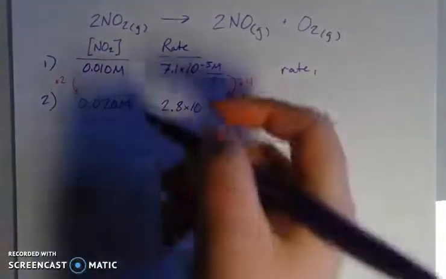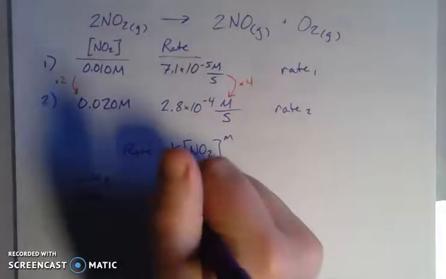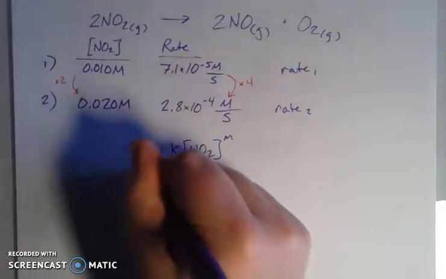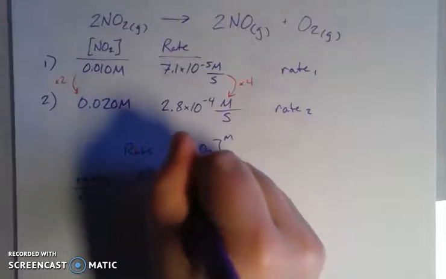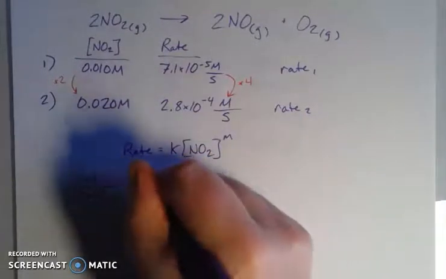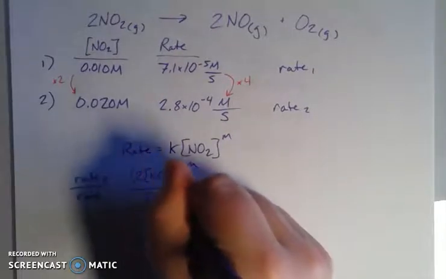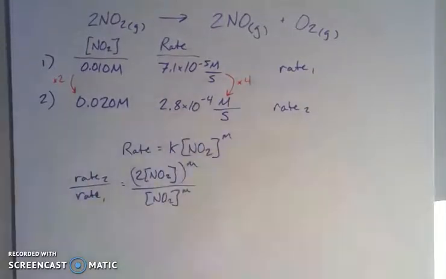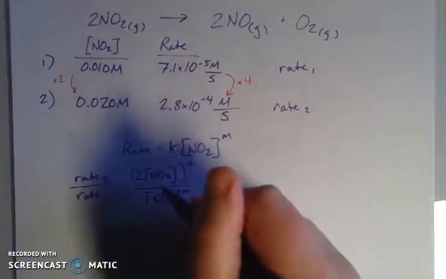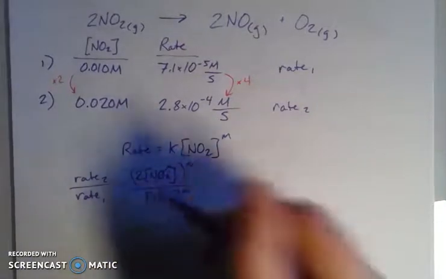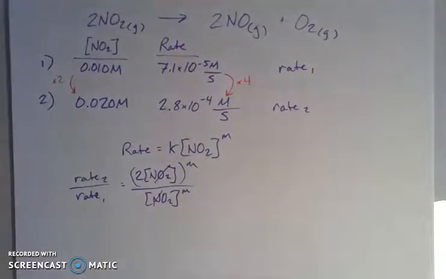and the only thing that I've changed is doubling this. So I had 2 times the concentration of my NO2 raised to some power, over the concentration of NO2 raised to some power. Looking at this expression, I can simplify it by getting rid of my concentrations.